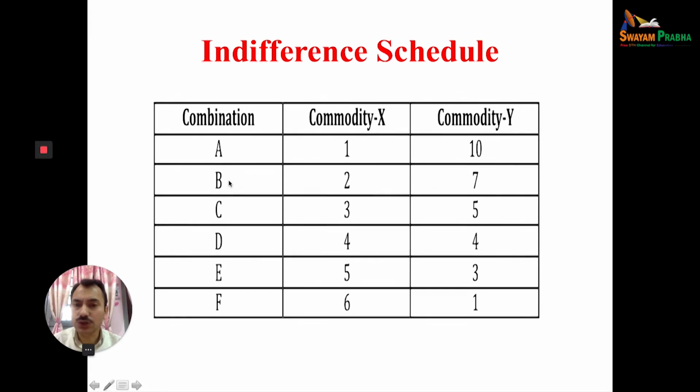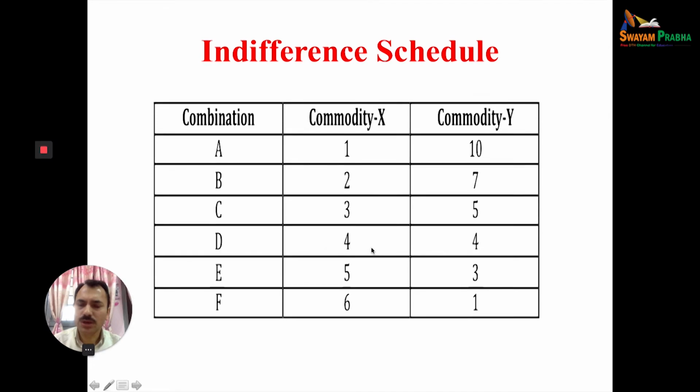Even if he purchases combination B, which is 2 of X and 7 of Y, the level of satisfaction will be equal, that is maybe 10. Even if he consumes or purchases combination C, 3 and 5, again the satisfaction will be equal.